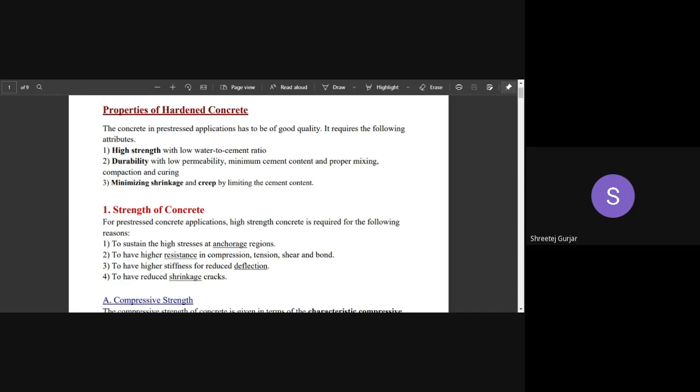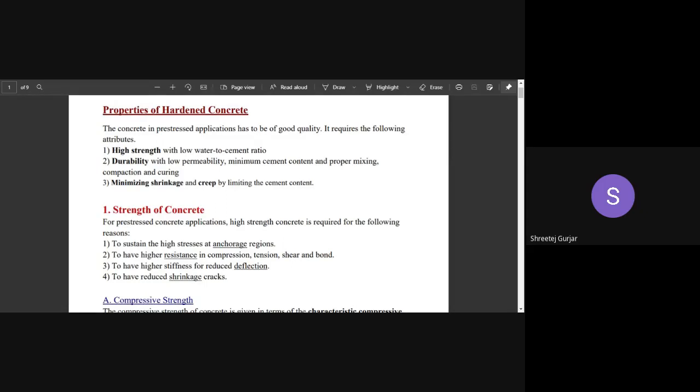We will deal with this shrinkage and creep later on in this topic, so we will understand why we need to avoid them. To avoid the shrinkage and creep, we need to keep our water to cement ratio low, and we need to have high strength. So this is one important property, or an attribute, which our concrete should have.